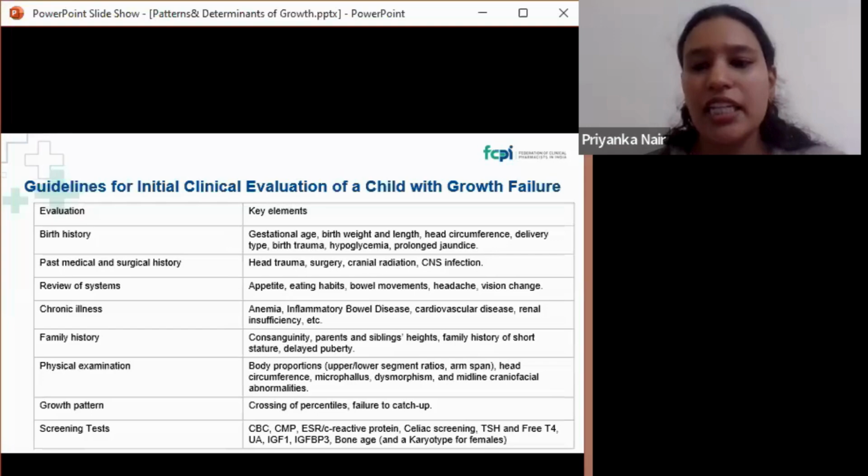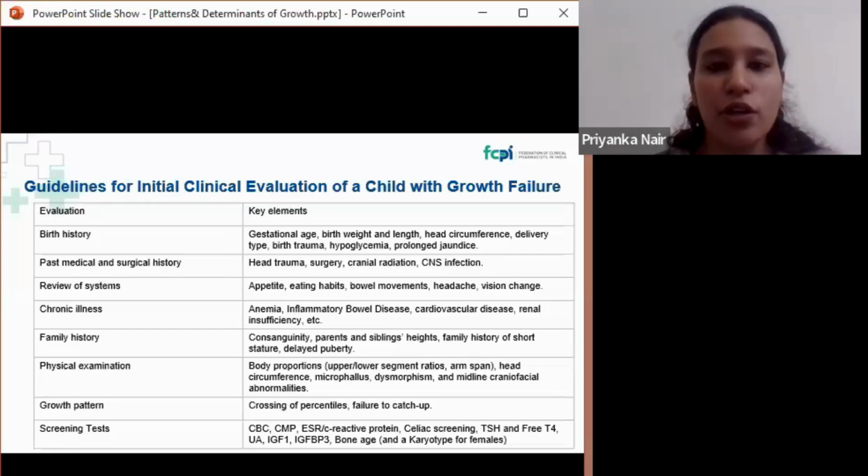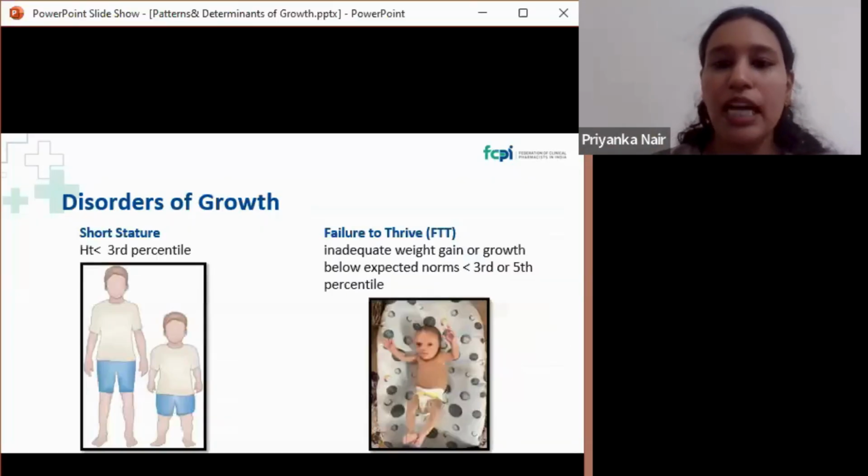Then there are screening tests, which includes a normal blood test and bone age measurement. That is, we can take an X-ray, and then depending upon the growth plates and the bone maturation, we can calculate the bone age. Now, moving on to the disorders of growth.